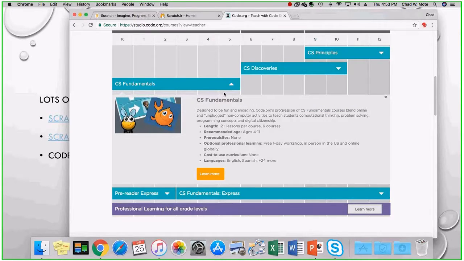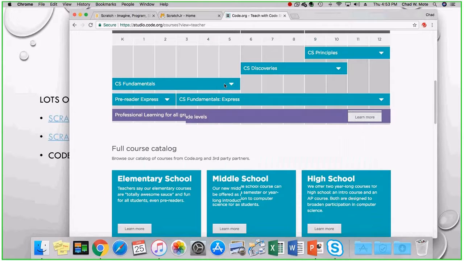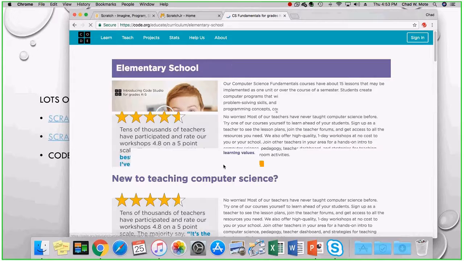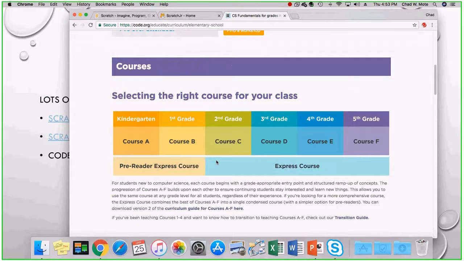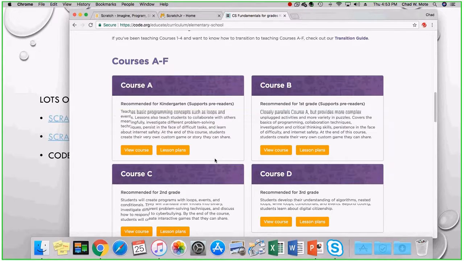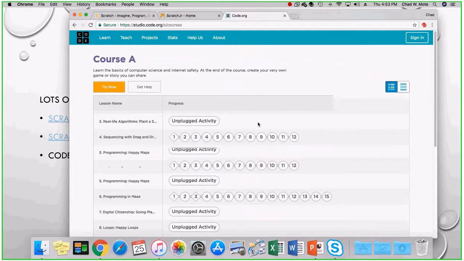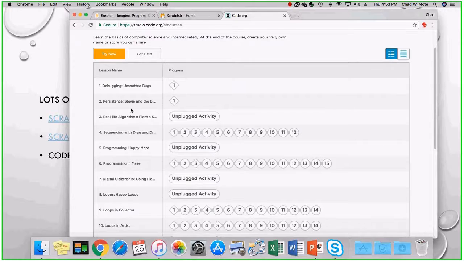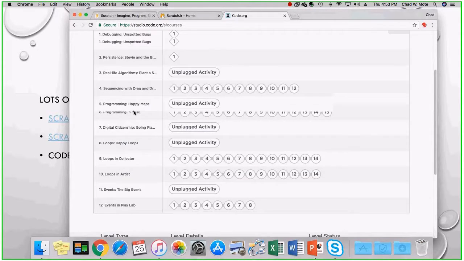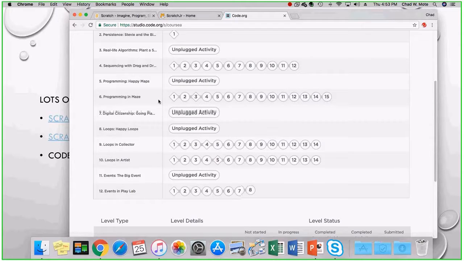So the one that I was looking at was the fundamentals. Let's say course A, that's the one. All right, so here you can see some of the coding terms: sequencing, debugging, programming, loops, those kinds of things.